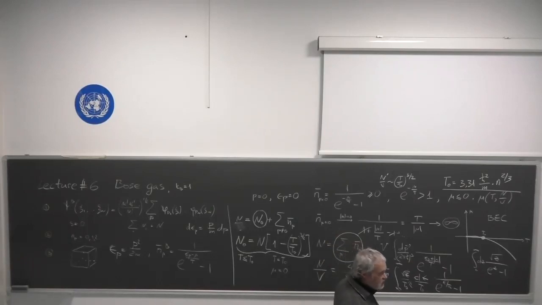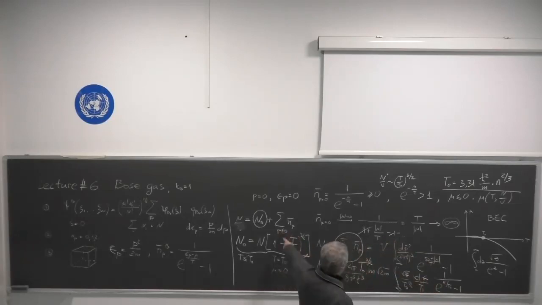So at any given temperature below T0, you have a mixture of particles occupying the state with zero momentum, zero energy, and you have particles occupying states with finite momentum. So what we calculated along the lines of the procedure explained on the blackboard is just the number of particles occupying states with p not equal to 0.